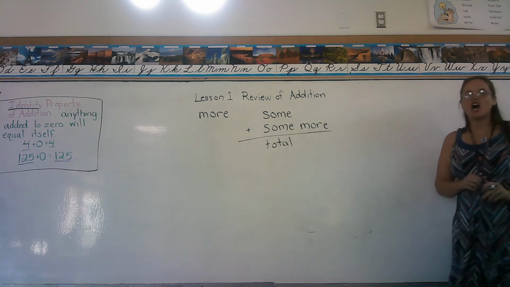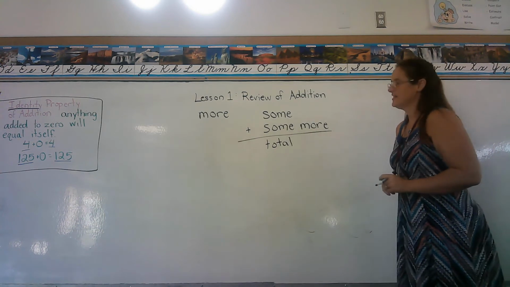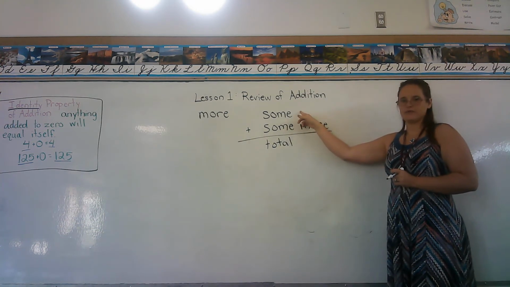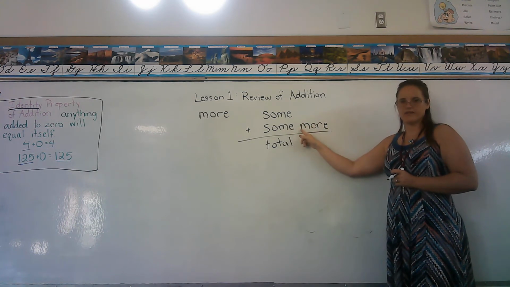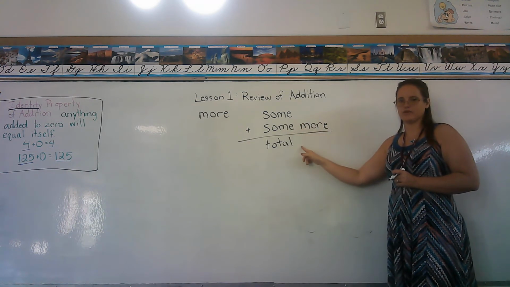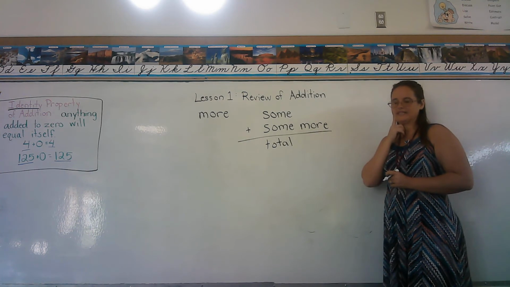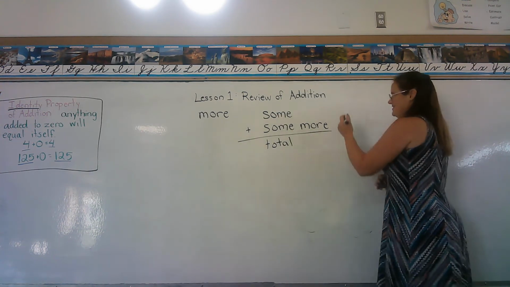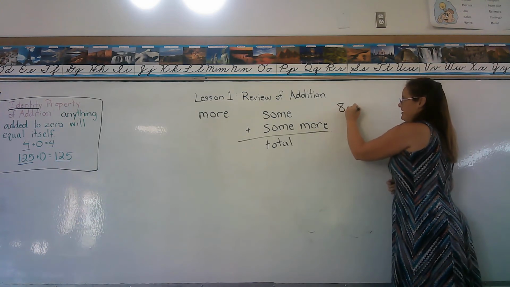Matthias saw 8 ducks. Where does that go? He saw 8 ducks. Is that what he started with? Is that some more that he added? Or is that the total? He saw 8 ducks. It's the first sentence, and I think it's the number that we started with. 8 ducks.